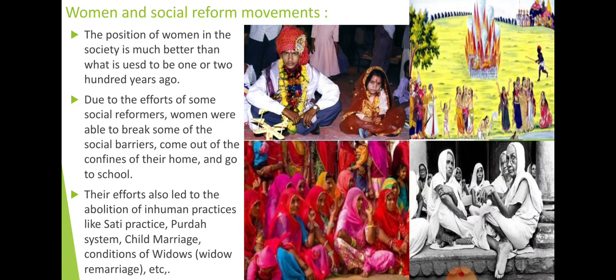Because of the efforts of the social reformers, women were able to break some of the social barriers, and they came out of the confines, the boundary line of their homes, and went to school.